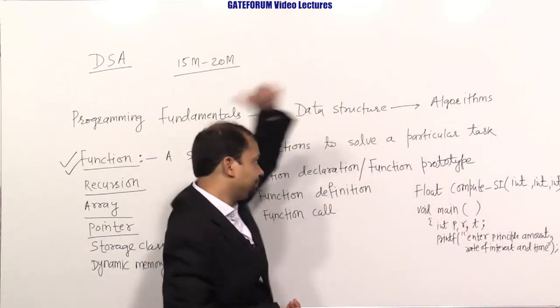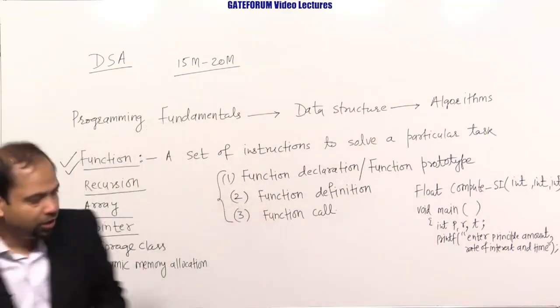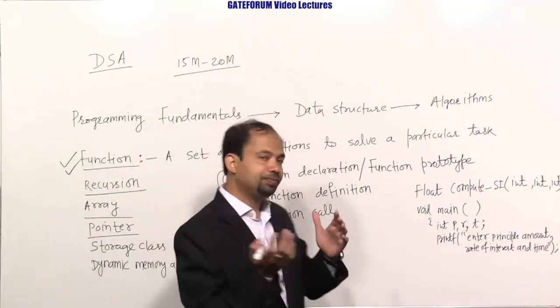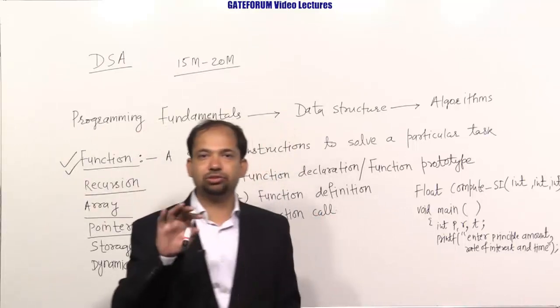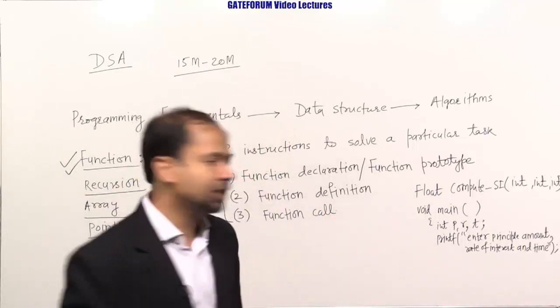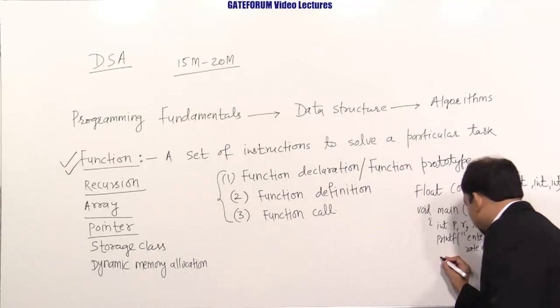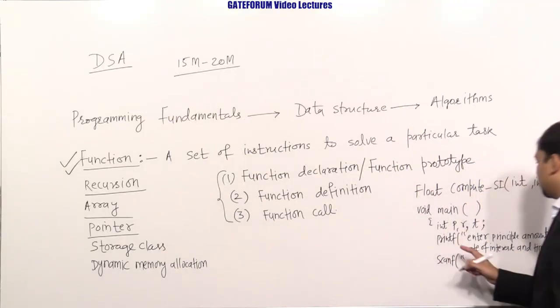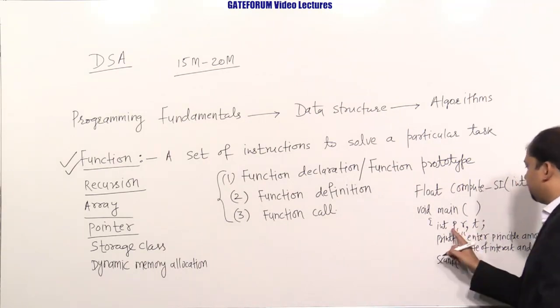Now again we need to ask the user, because the user has to enter these things. For that we use scanf in C. So scanf, and this is p, r, t.